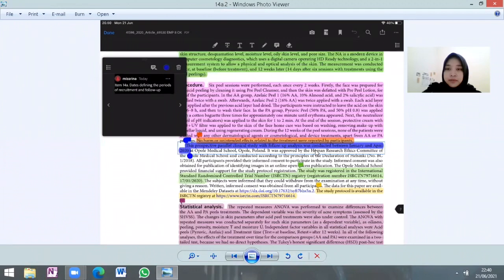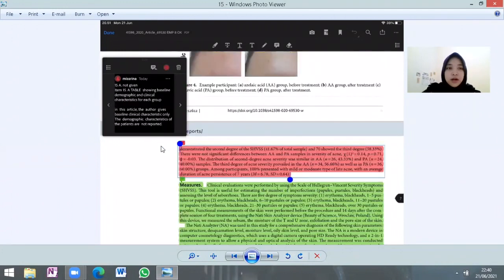And on page 7, this prospective parallel clinical study with follow-up analysis was conducted between January and April 2020. The next item is number 14B, why the trial ended or was stopped, which is not reported.